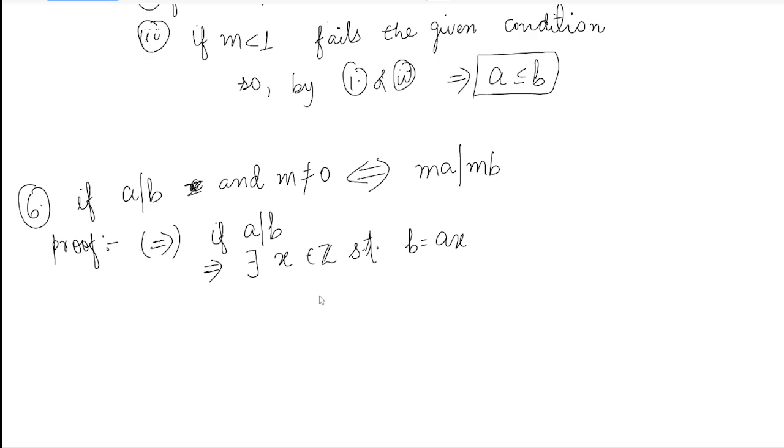Multiply by M on both sides, then we get BM is equal to AXM. Since B, M, X are all integers, we interchange this. MB is equal to MAX. Hence, by the definition, MA divides MB.